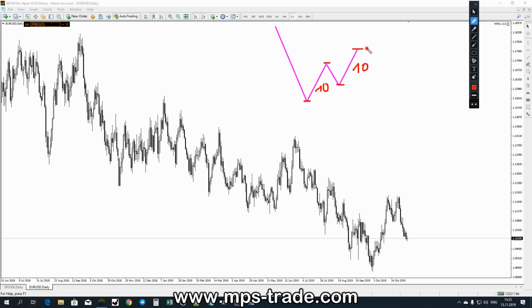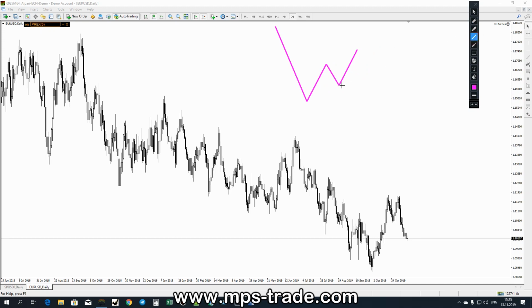I'm not saying exactly 10 pips, but I'm just saying that it should equal your previous leg movement, so you always place your entry here, here, here, here, and nowhere else. But based on my market research, this is only part of the truth. This is not the whole truth.